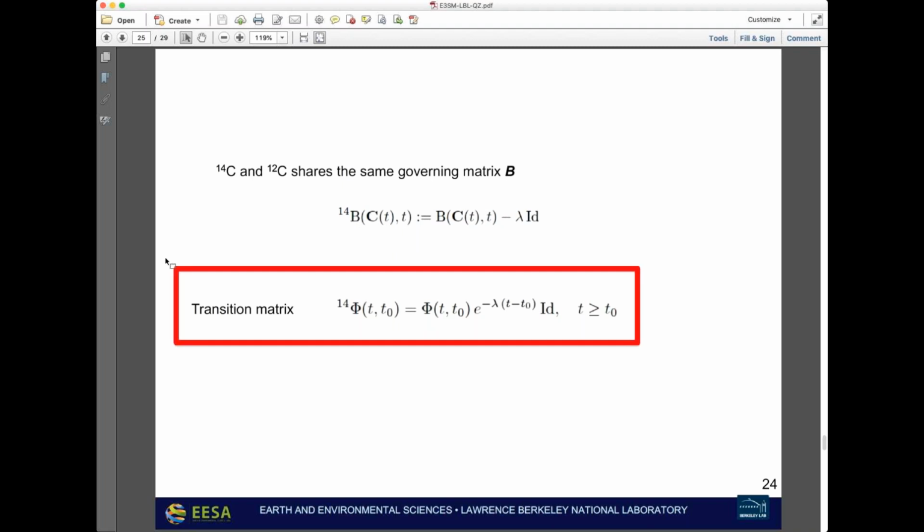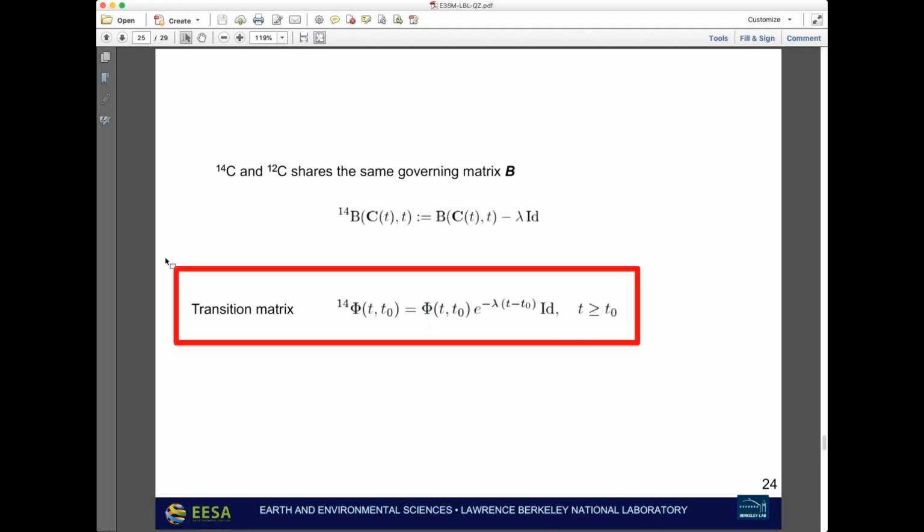So the B matrix is exactly the same for 12C and 14C, except here we have a lambda term, that's the radiative decay. Applying that radiative decay term, we can reconstruct the 14C transition matrix out of the 12C transition matrix. We just need to add another additional term to represent the radiative decay.